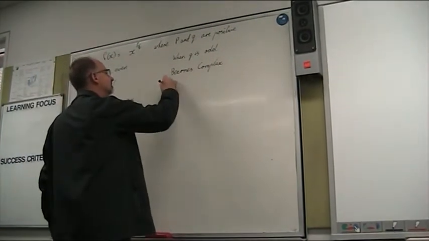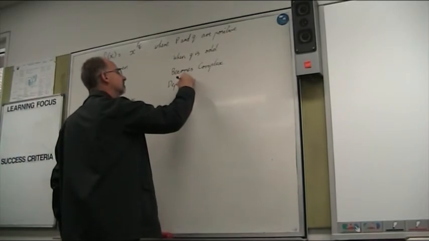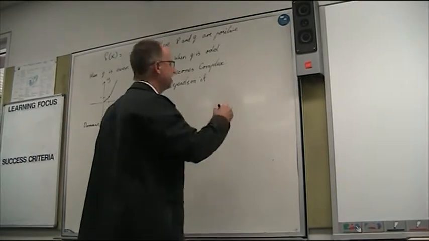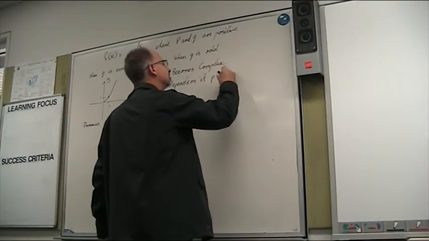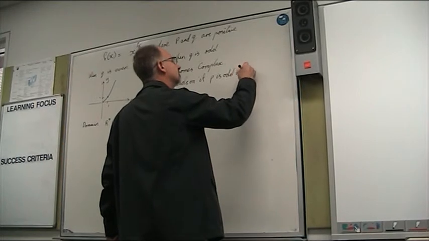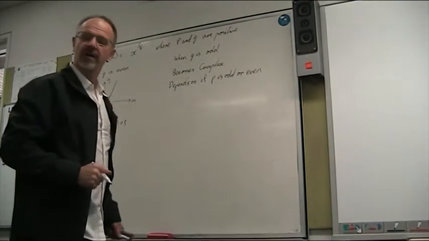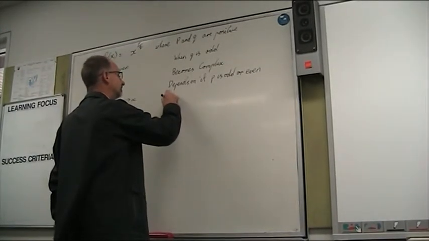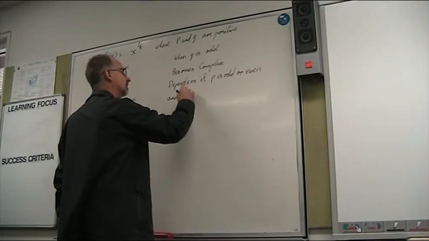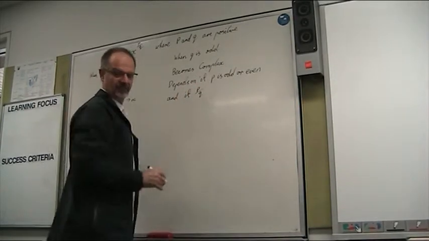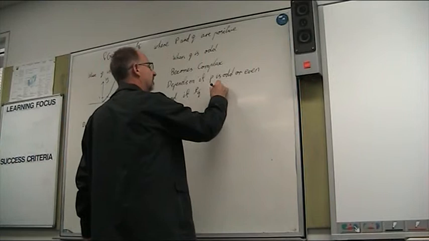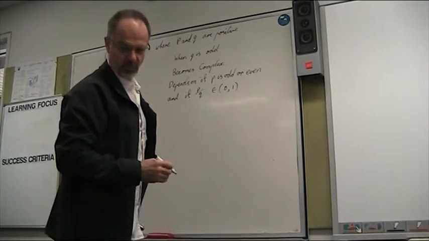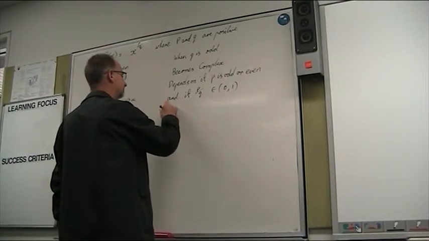It depends on if P is odd or even, and also the ratio P on Q, depending on whether that's between 0 and 1, or if it's greater than 1.